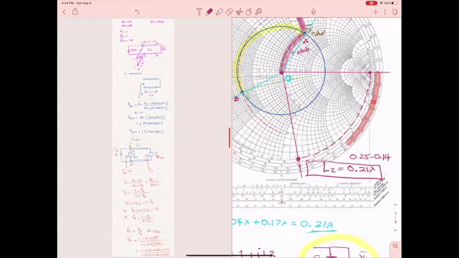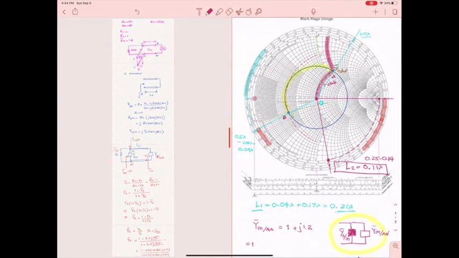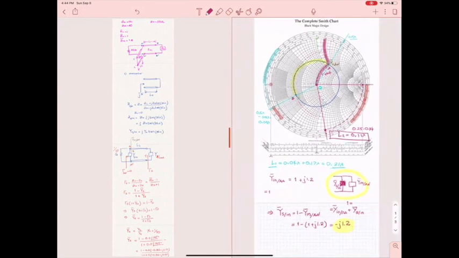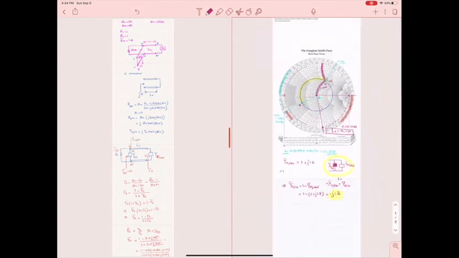So it should be 0.11 lambda. Any questions?